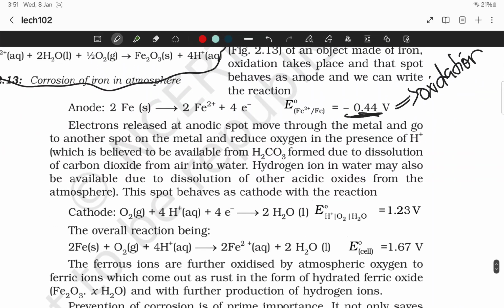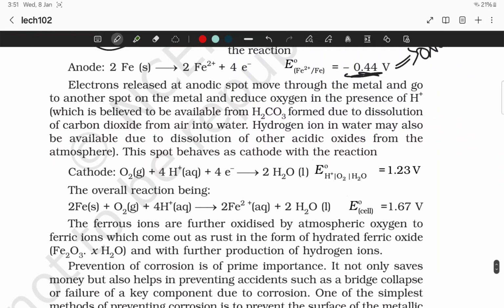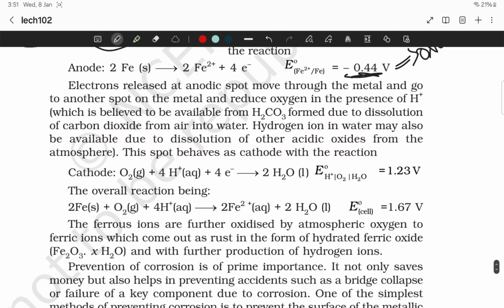Electrons released at the anodic spot move through the metal to another spot on the metal and reduce oxygen in the presence of H+, which is believed to be available from H2CO3 formed due to dissolution of carbon dioxide from air into water. Hydrogen ion in water may also be available due to dissolution of other acidic oxides from the atmosphere.